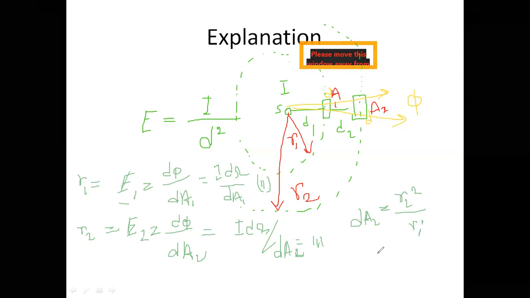Now from equation 3 we can write E2 is I d omega by dA2.